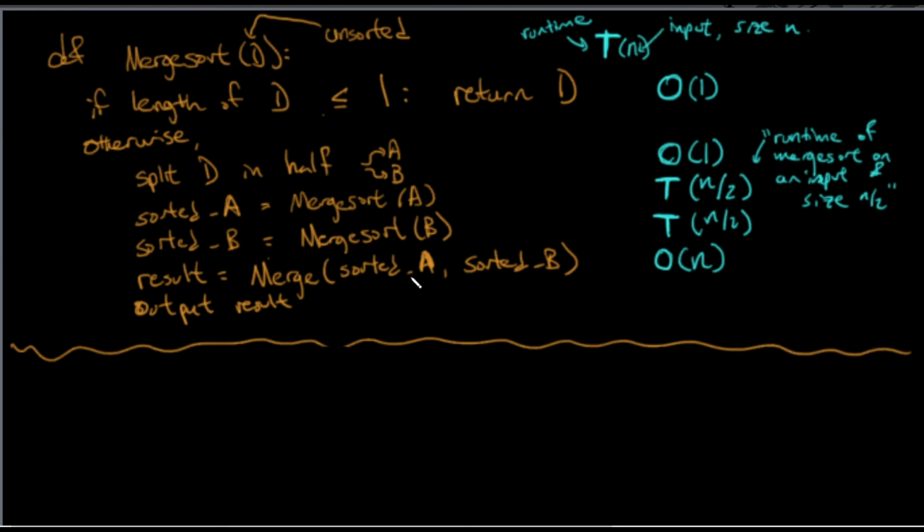We iterated O of n over 2 times here, and O of n over 2 times here, and combining that, we get an O of n operation.